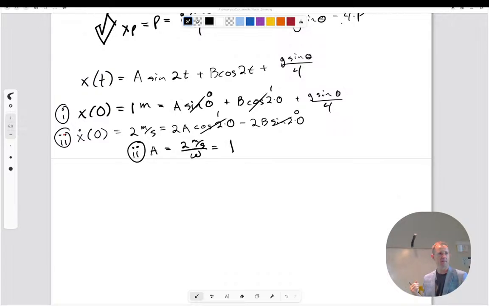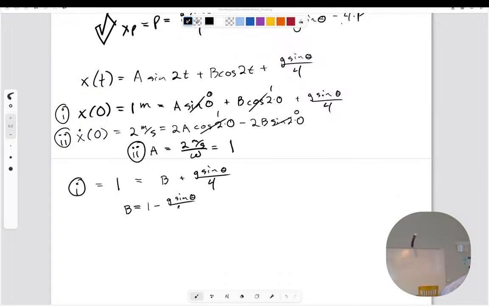Looking good? So now I can say 1 meter is, well, the 1 is kind of gone, but b times 1 plus g sine theta over 4. So b is going to be 1 minus g sine theta over 4.